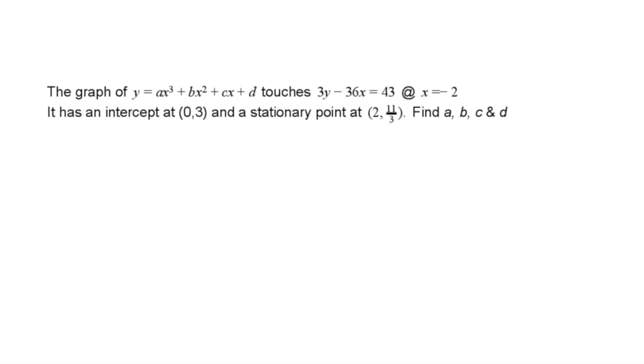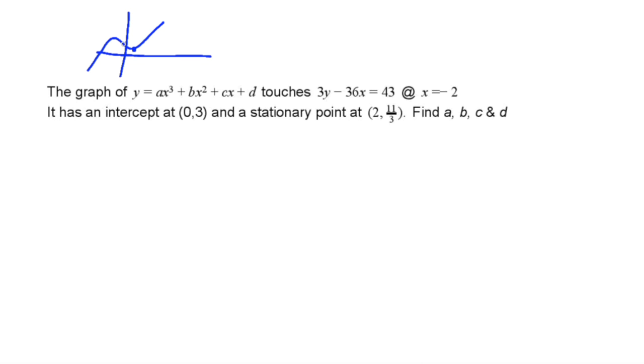When I first look at a question like this, you've got to think conceptually about what's going on. You've got some graph, maybe it looks something like this. Those are bad axes, but it's a cubic, so maybe it goes something like this, and we know all this information about it. It has a stationary point, maybe this one here, at (2, 11/3).